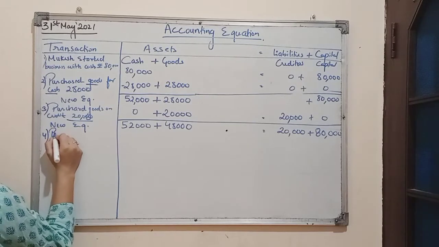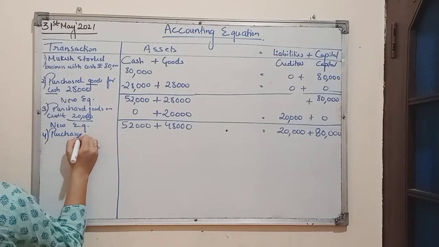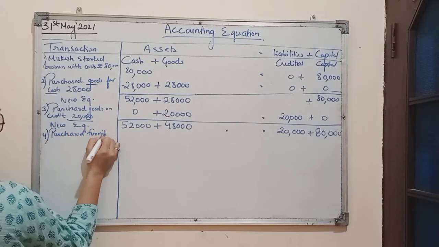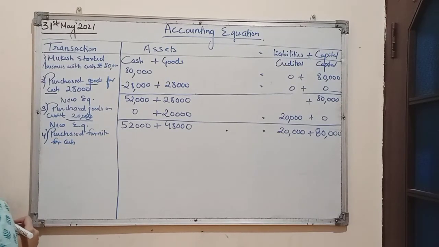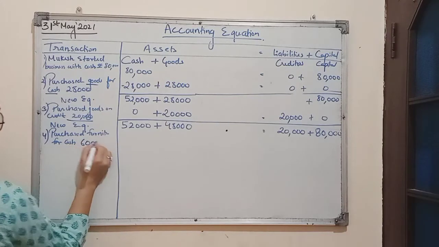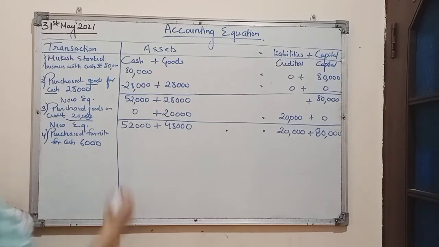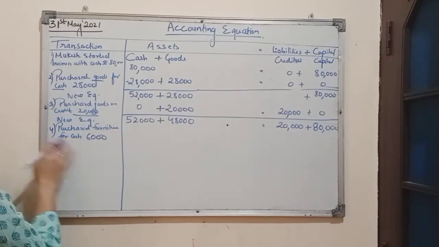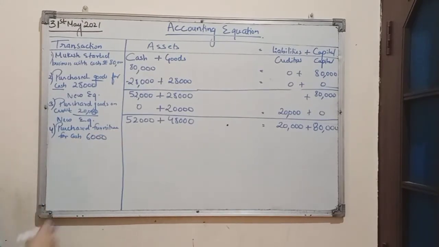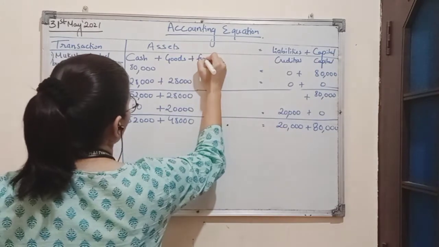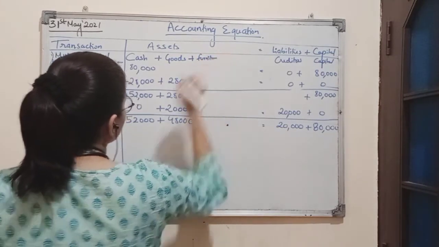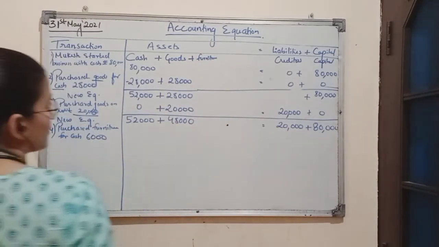Next we have purchased furniture for cash. The fourth transaction is purchased furniture for cash amounting to rupees 6,000. Here furniture has been purchased. Furniture is an asset and cash is also an asset. So we will open a column on the asset side named furniture.